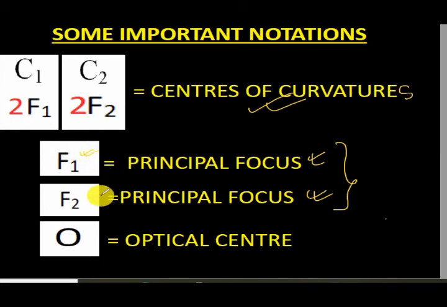And O, the point in the middle of the lens, we call the optical center. So try to remember, O is called the optical center. You refer to the diagram which you saw before. F1 and F2 are called principal focus. C1 and C2, that is 2F1 and 2F2, are called centers of curvature. Okay.